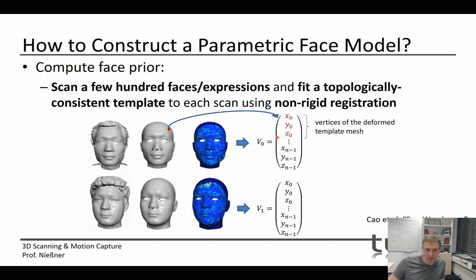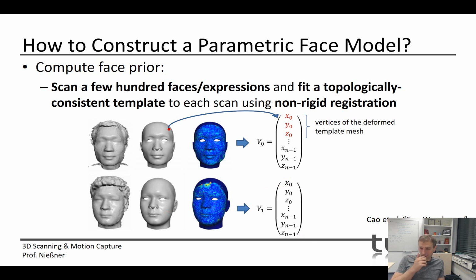These are all the vertices of this template mesh. And the template mesh is the same topology, of course, so the dimensionality of these two vectors is going to be the same. And these are the vertices of the deformed template mesh here.